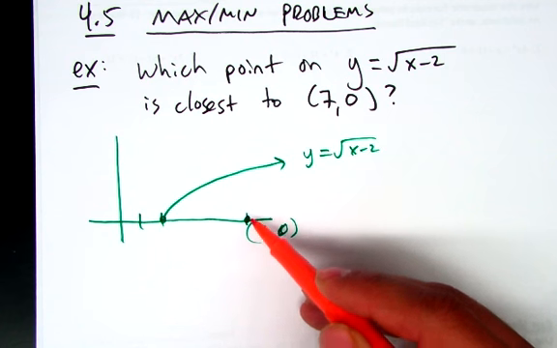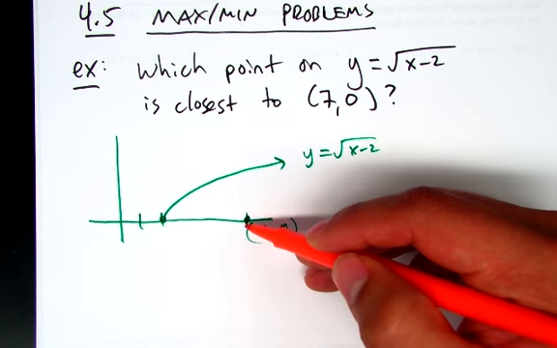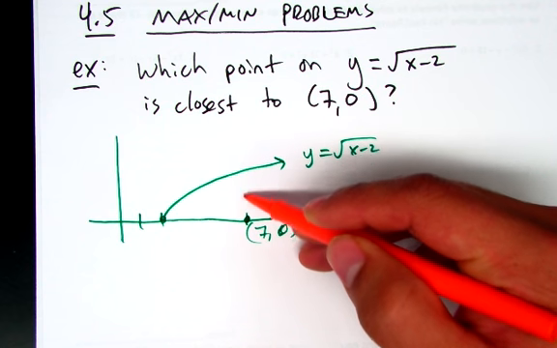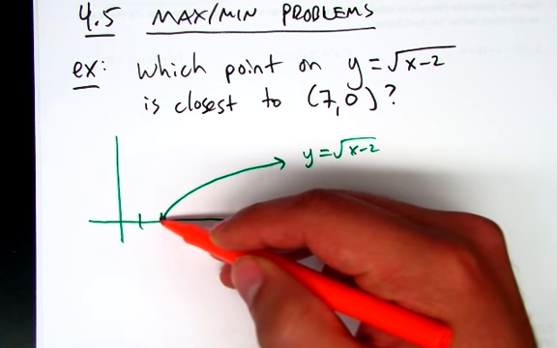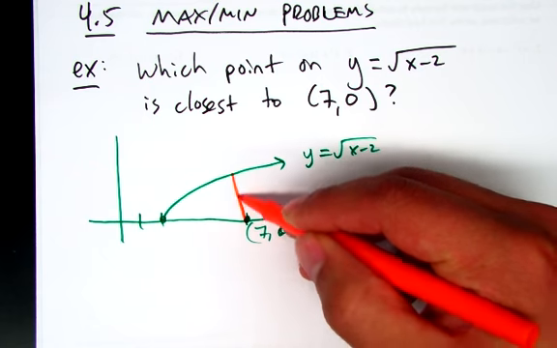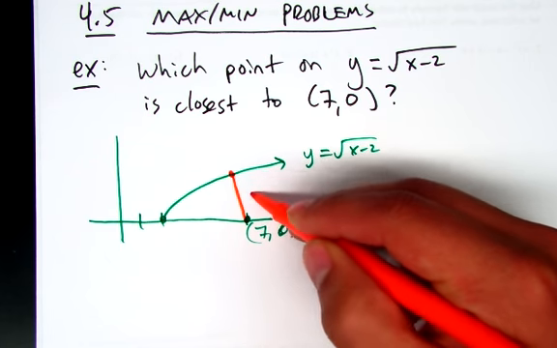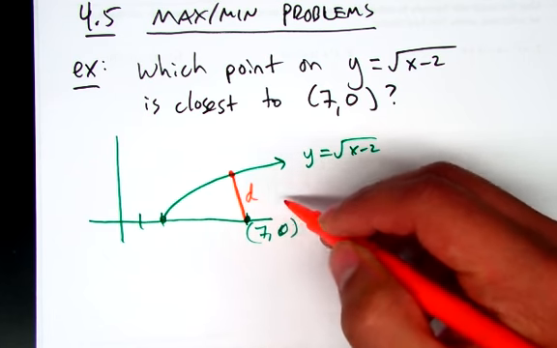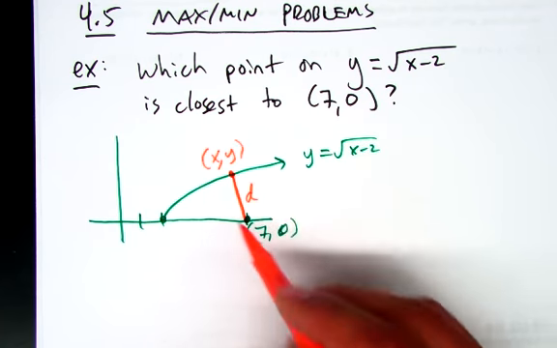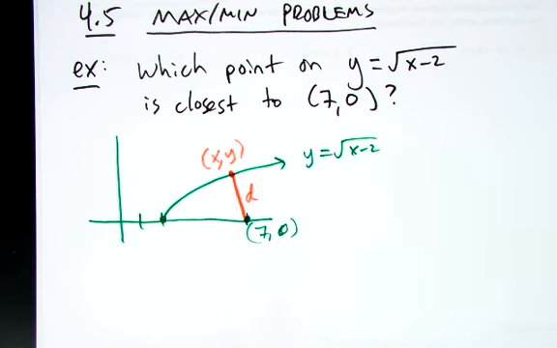So, I think you guys can see that if I go straight up, that's probably not the smallest distance. Certainly if I go all the way back, that's probably too large. Maybe something like this would be the optimal distance. The only issue, of course, is that we don't know what that point is. That's what we're trying to find. Okay.